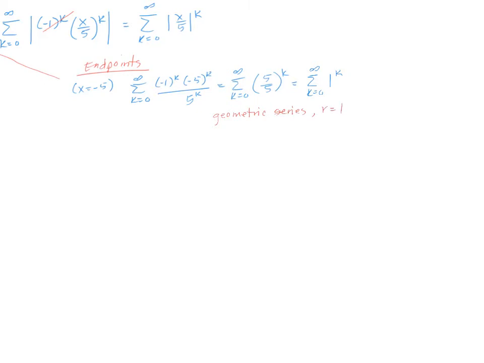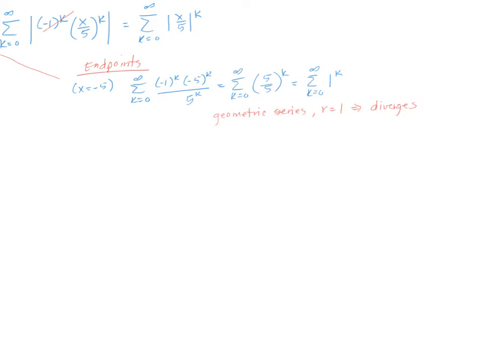So since the absolute value of r is not less than 1, this series diverges. So it's a divergent geometric series. Since x equal -5 makes the series diverge, I cannot include it in my interval of convergence.